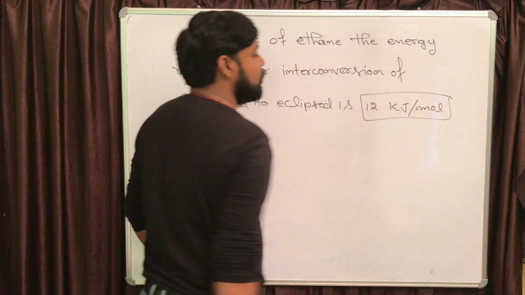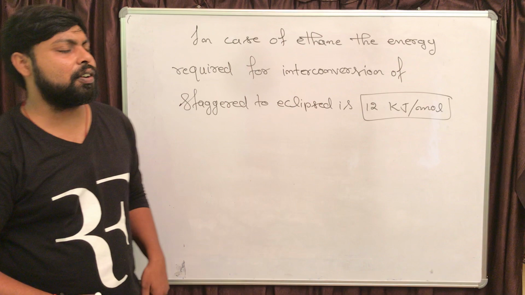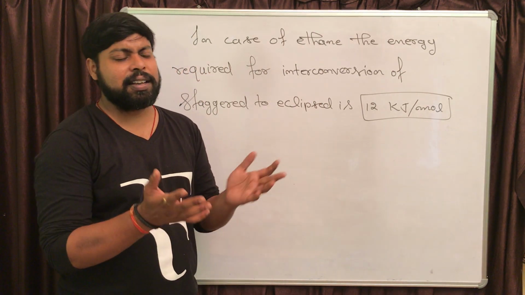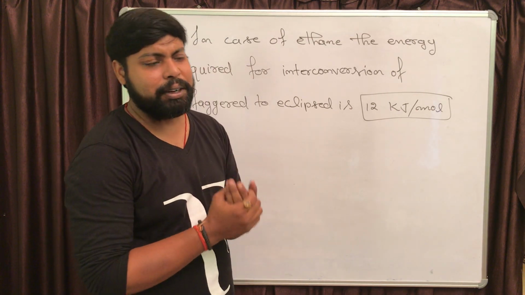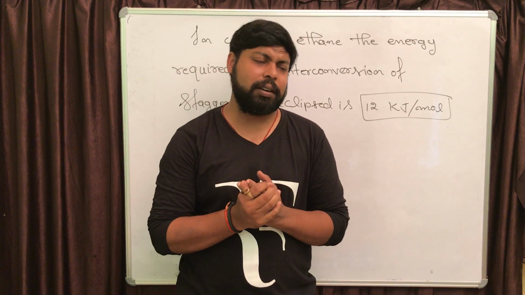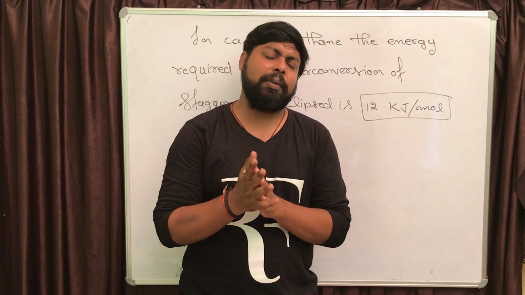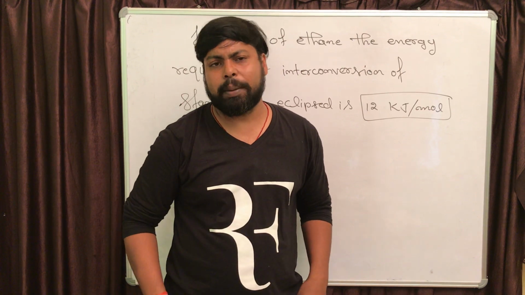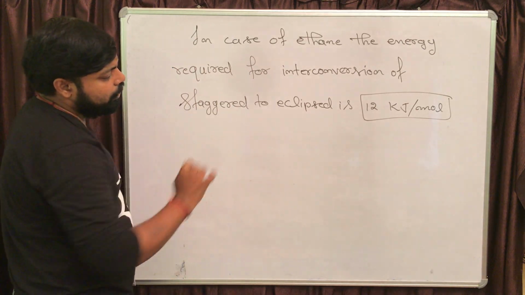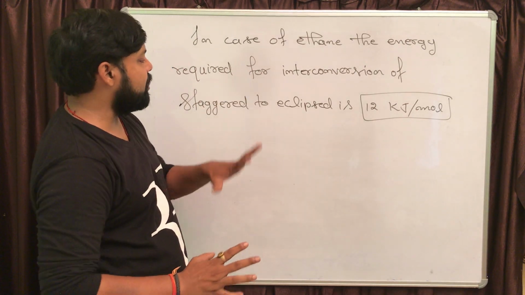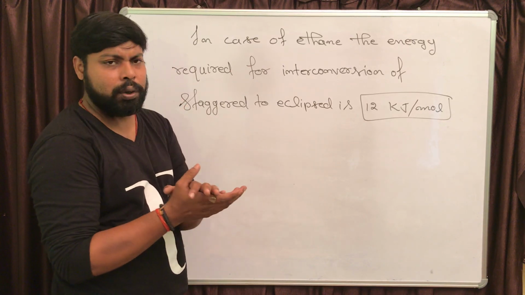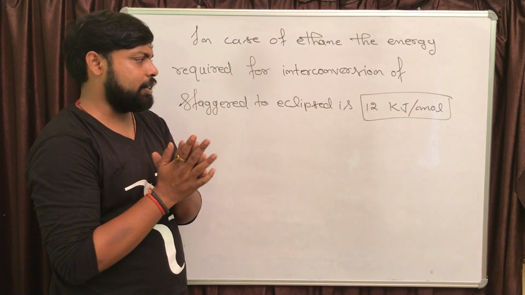This data is just for reference. Now from here we can understand what is exactly the energy difference between two extreme conformers of a particular compound, in case of ethane, and why it is said that we cannot separate conformers from each other. If you are converting a structure from staggered to eclipsed, you need 12 kilojoule per mole amount of energy.